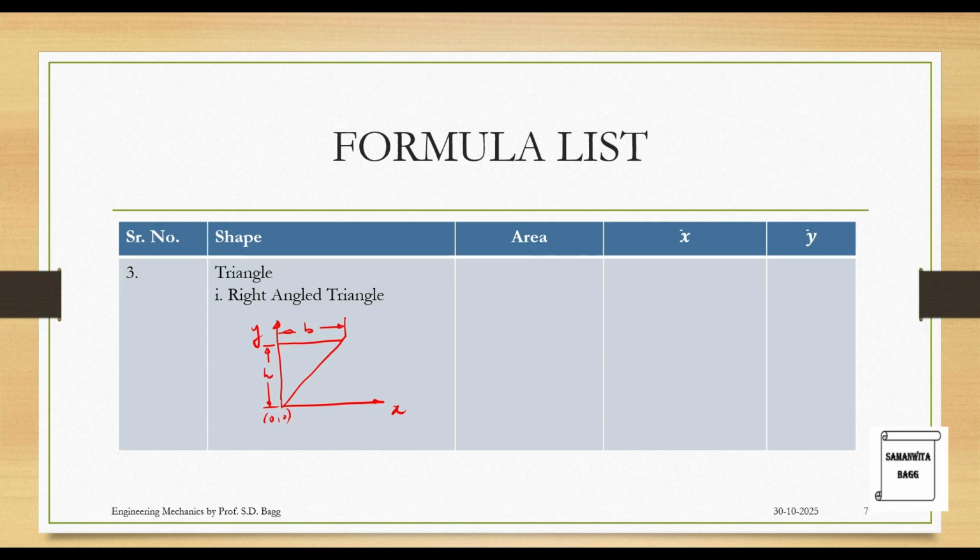This is again 0, 0. So where is your G? It is 1/3 and 1/3. So this is my G now, x bar comma y bar. So from this point, you have to reach this distance, this distance over here. This is going to be b by 3.